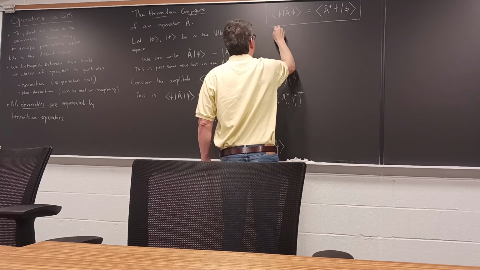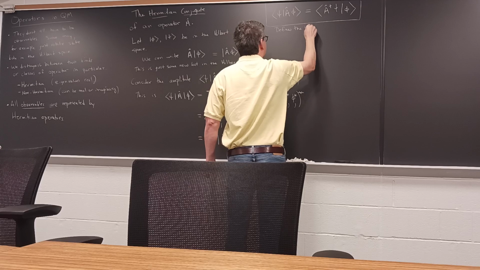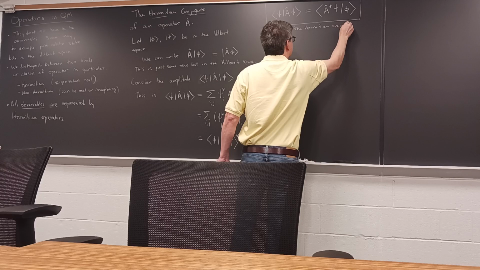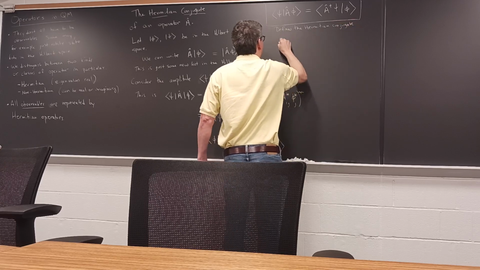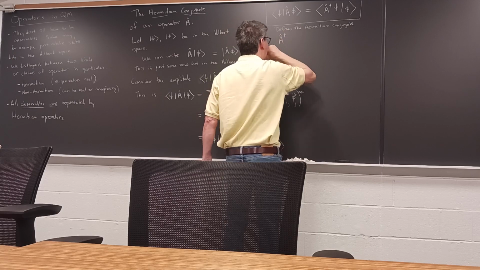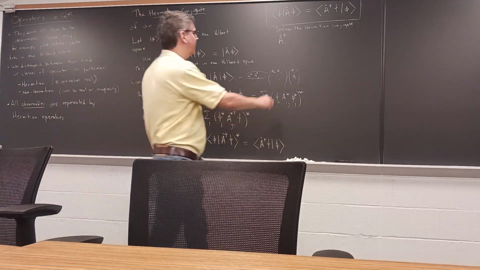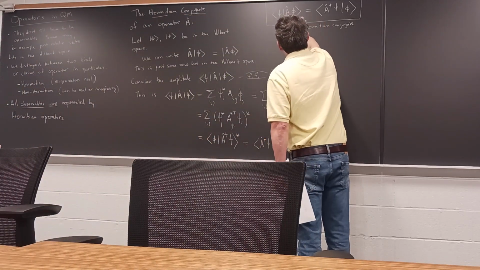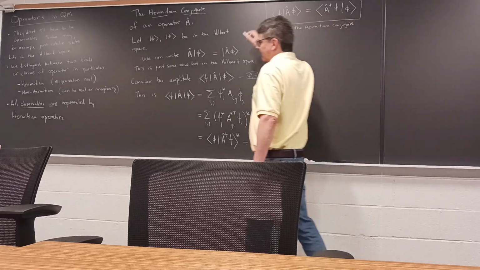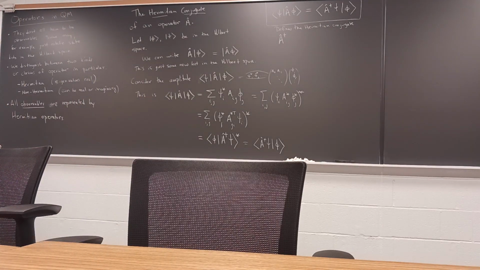Okay, this equation defines the Hermitian conjugate, A hat dagger. All right, what did I do? We moved it from acting on phi to acting on psi. And that defines the Hermitian conjugate, okay? So this is some other operator.